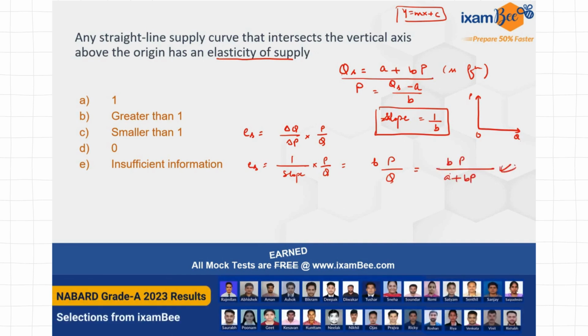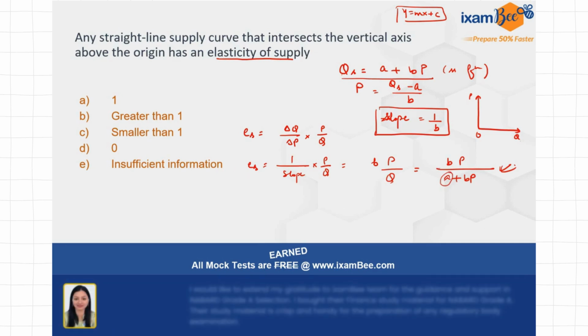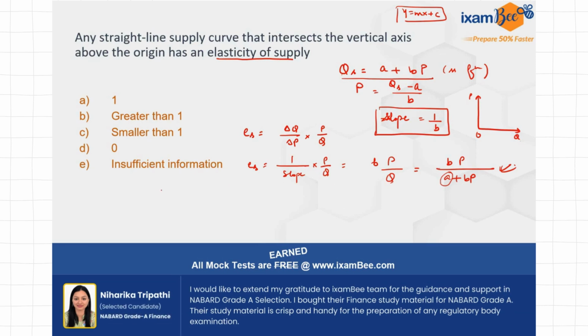Now depending upon what value A is going to take, your elasticity of supply will be determined, because Bp in the numerator and denominator are the same. So it all depends upon the value of A. There are three possibilities. If A is negative, that is if A is less than 0, this would mean what? Look at the value of the y-intercept.